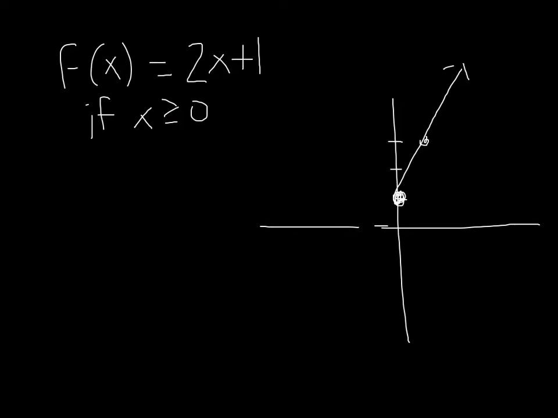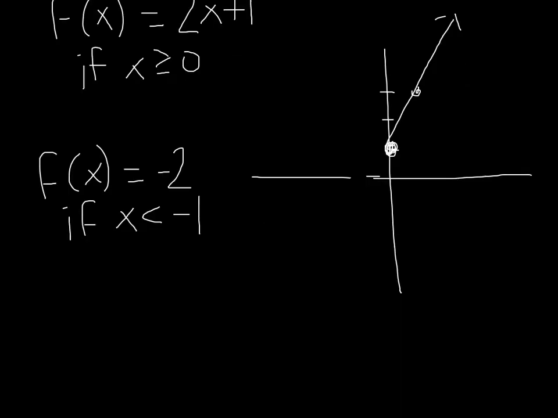Then we're going to do the second part of this Frankenstein function. And it was f of x is equal to -2. And we know that is only true, if we look back at the original problem, if x is less than -1. And we know that this function is a horizontal line at -2, so we draw a horizontal line at -2.